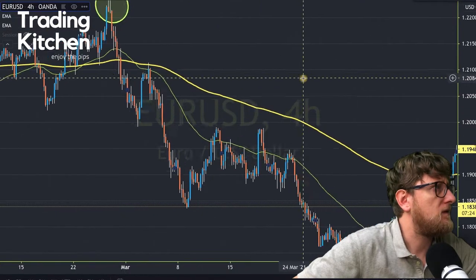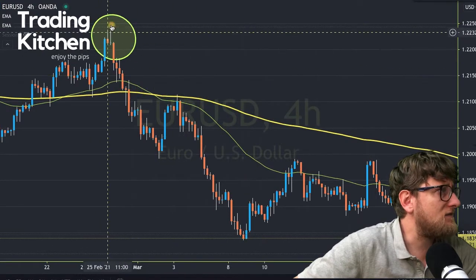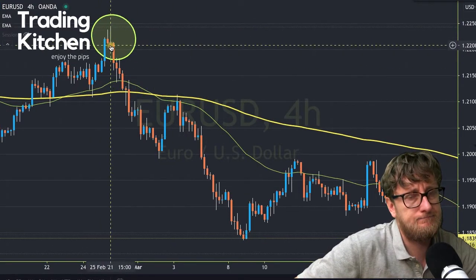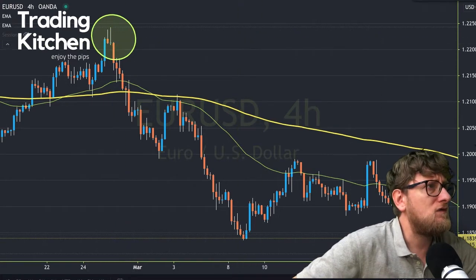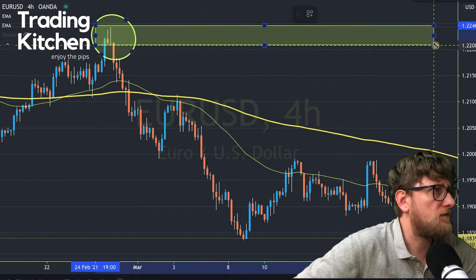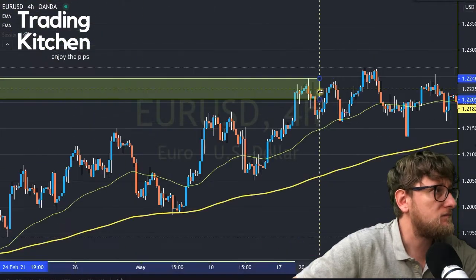Okay, let me zoom. As you can see, this candle, which is the last blue one. So this will be a very good zone from which in the future price will probably react.